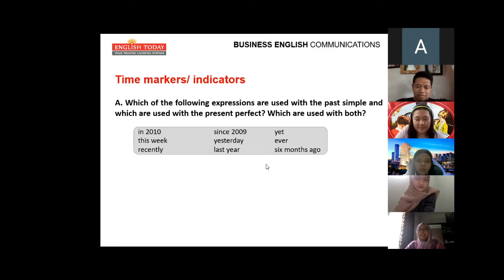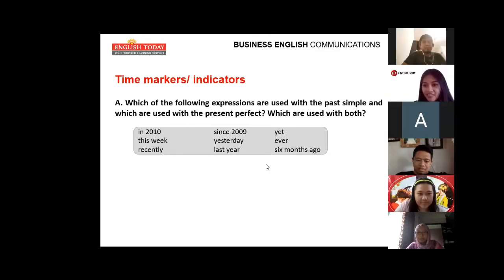Recently is present perfect. Chika, next go on. Aska, for this week. Present perfect. It's okay. We will check that out together soon. Okay, go on, Aska.